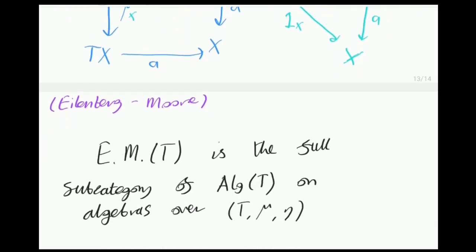And we take all of the arrows that were in Alg T between such objects, and together that structure gives us this Eilenberg-Moore category of T.